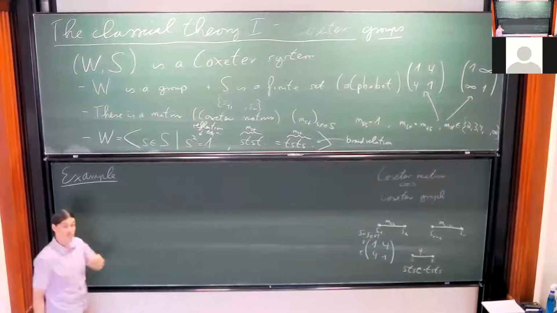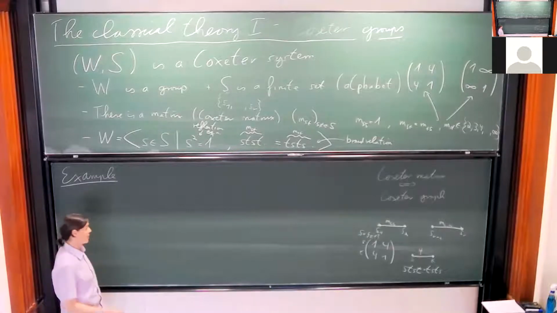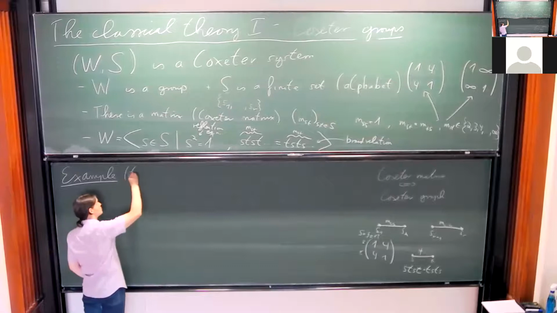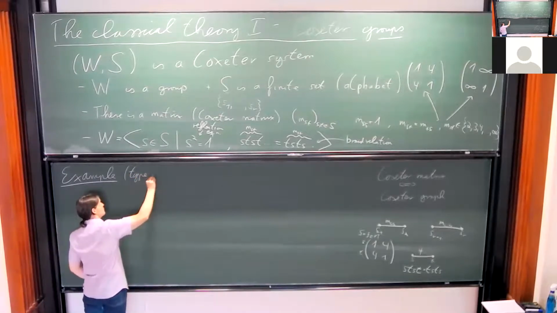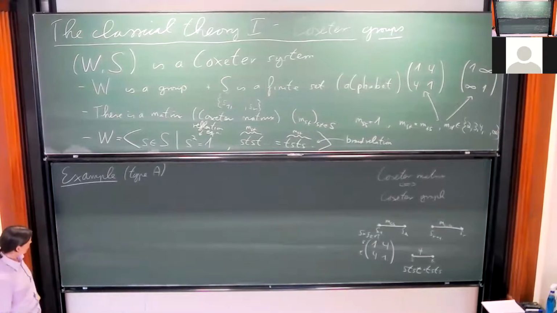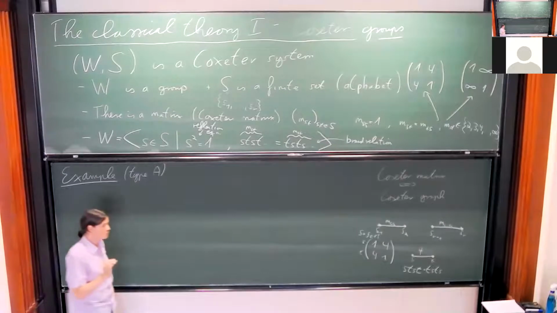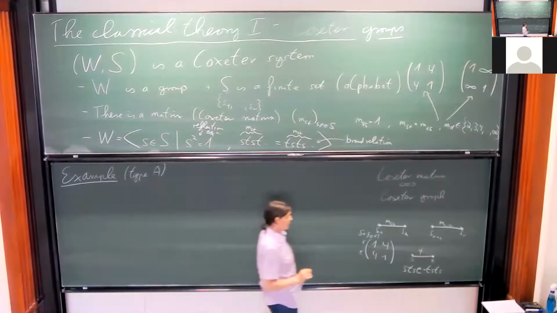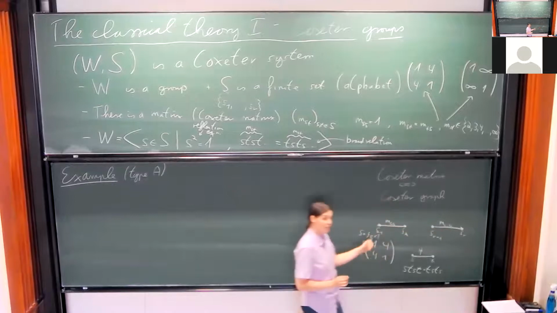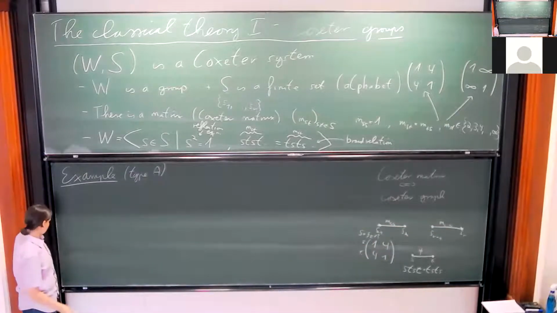The Coxeter groups vastly generalize these symmetric groups, and this is usually called the type A example. The only thing I need to tell you now is what kind of graph I have. The graph will determine everything. I just write down the graph, and from the graph we will deduce certain properties.